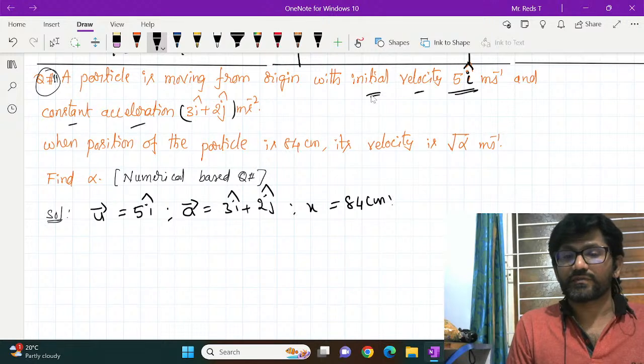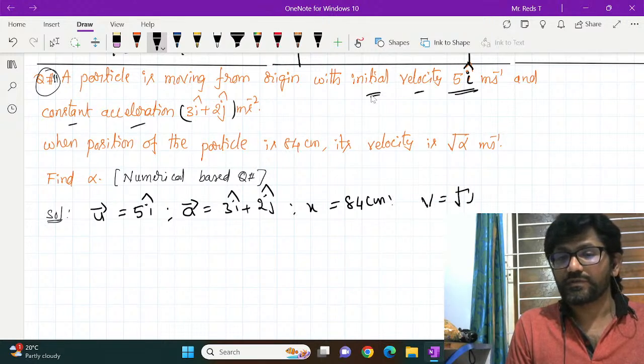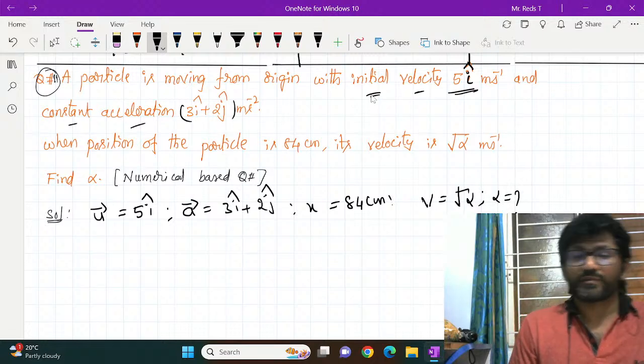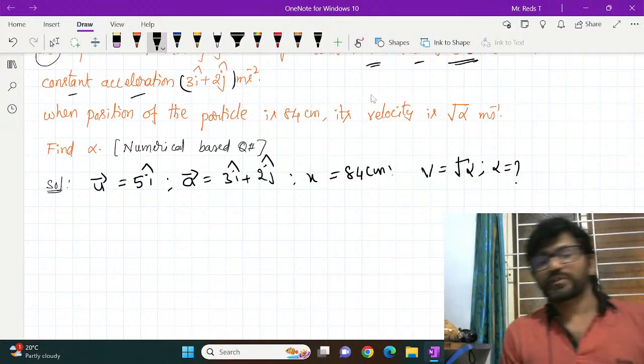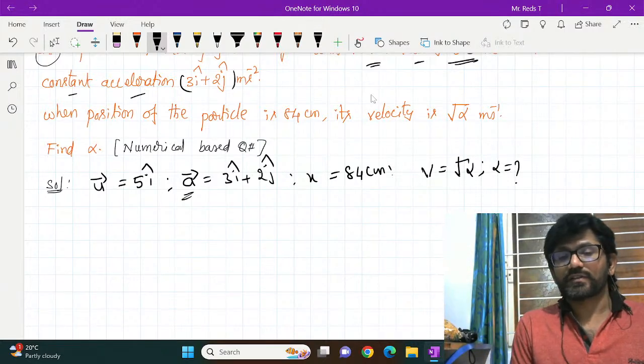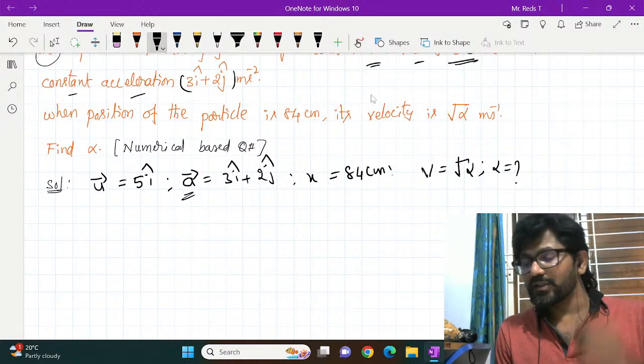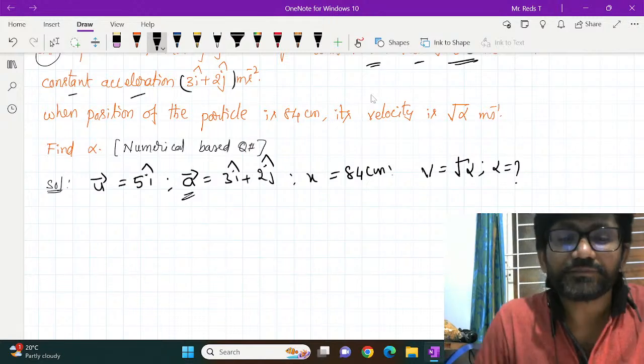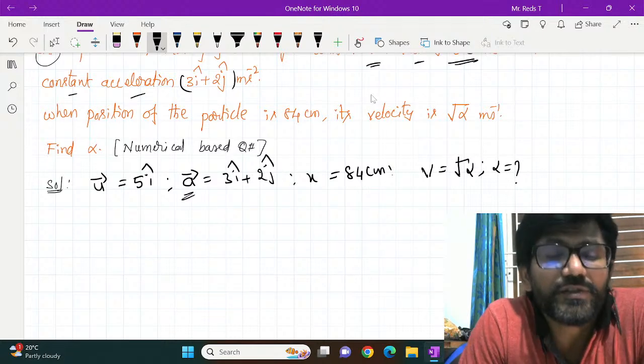Then what is alpha is the question. Final velocity v is equal to root alpha. So you have to think about the equations of motion, because acceleration is constant here, constant acceleration motion. For constant acceleration motions, you can apply the equations of motion.